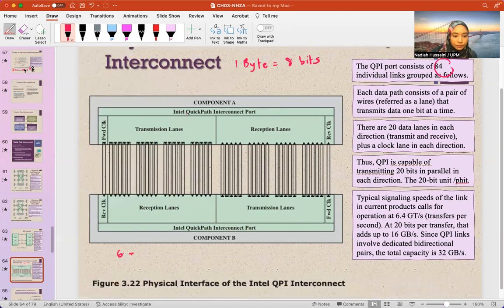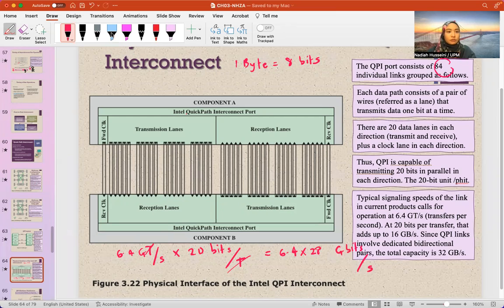So 6.4 gigatransfers per second times 20 bits per transfer. We are focusing on one side of the QPI interface of the physical layer: 20 data links, transmit and receive. So the transfer cancels out with the transfer and you get 6.4 times 20 gigabits per second.